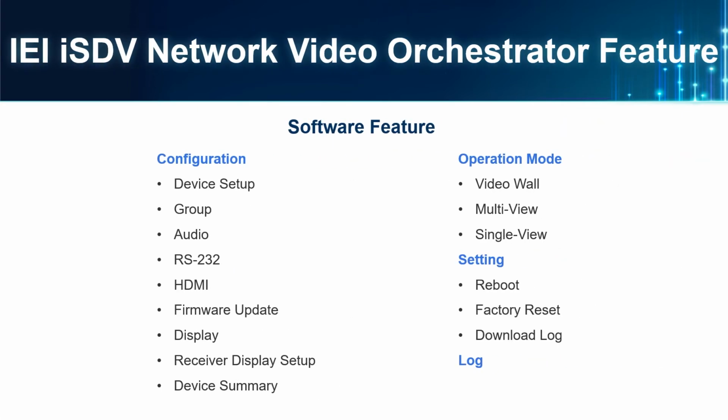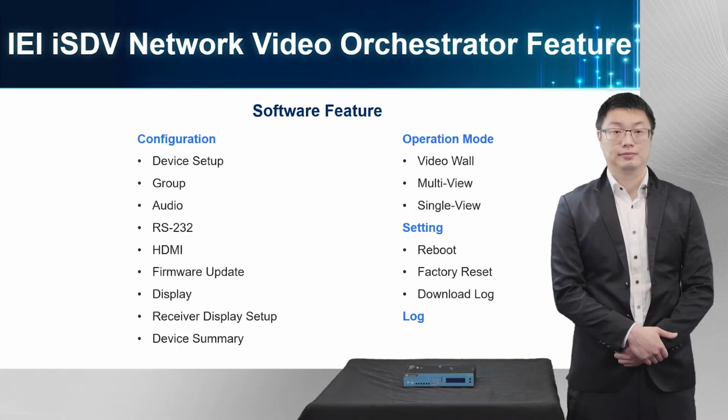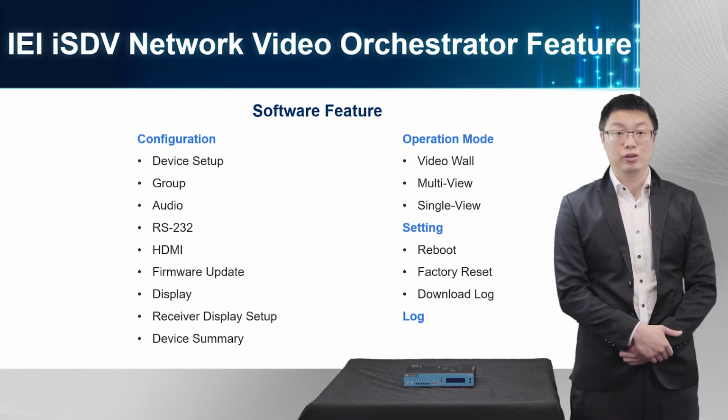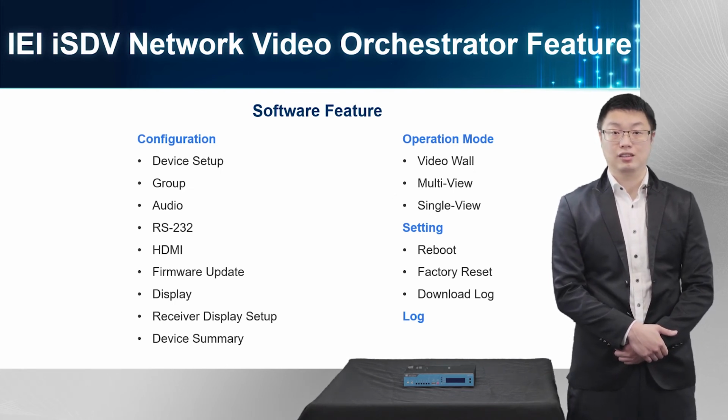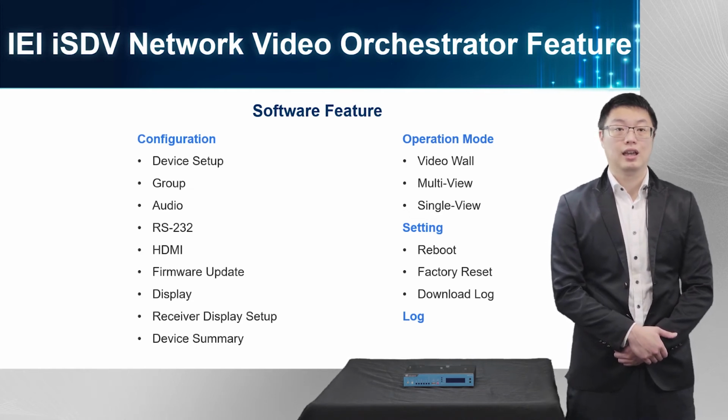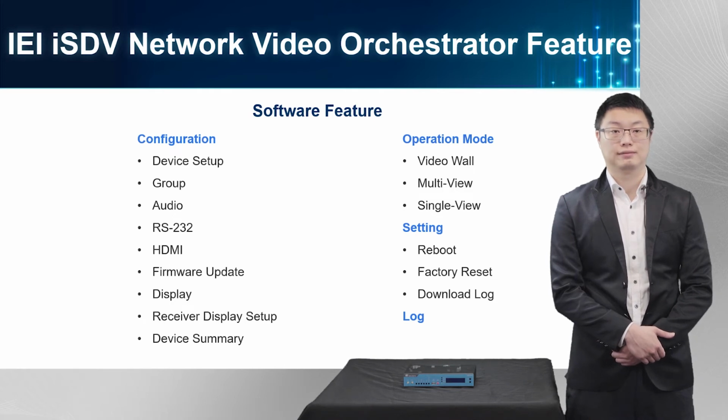The features we provide include device configuration, operation mode selection, system status setting, log check, and download. First, the configuration setting. Users can set up I/O and status of each ISDV system and set up a group to manage easily. Second step is mapping all of the receivers' displays to each ISDV system and confirming all of the settings are correct in device summary.